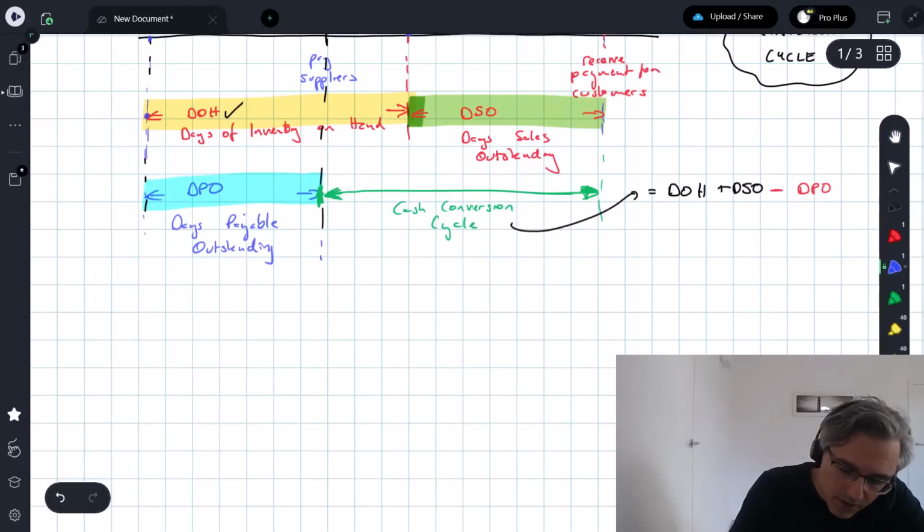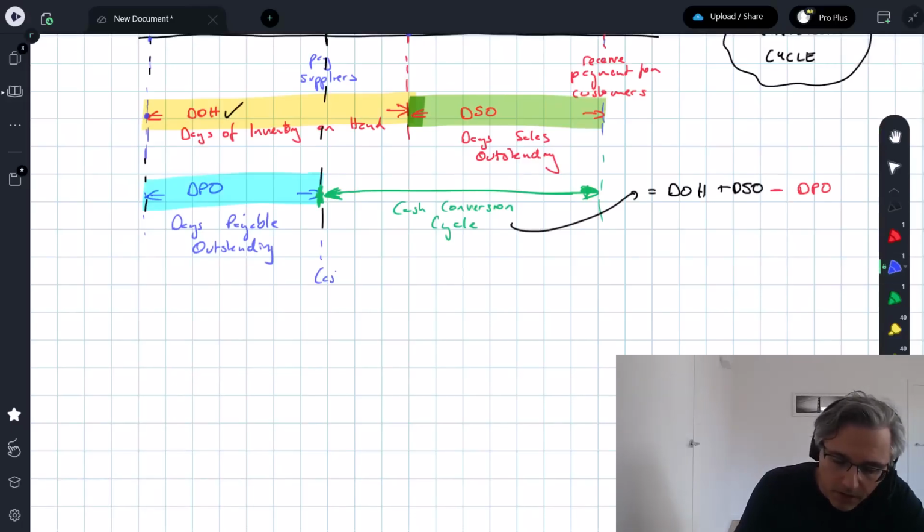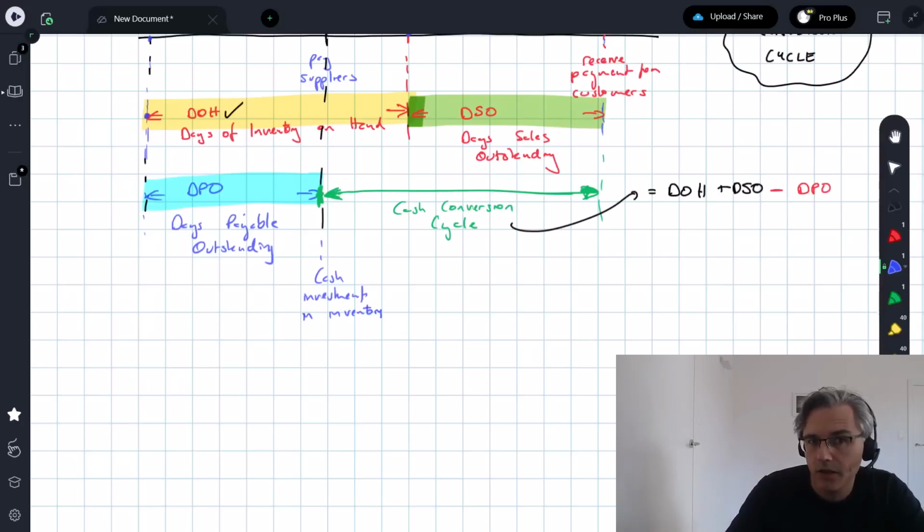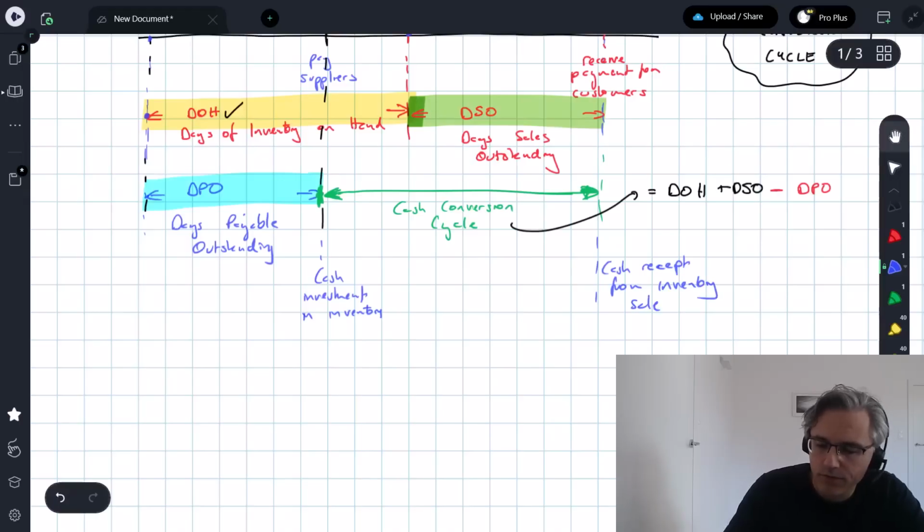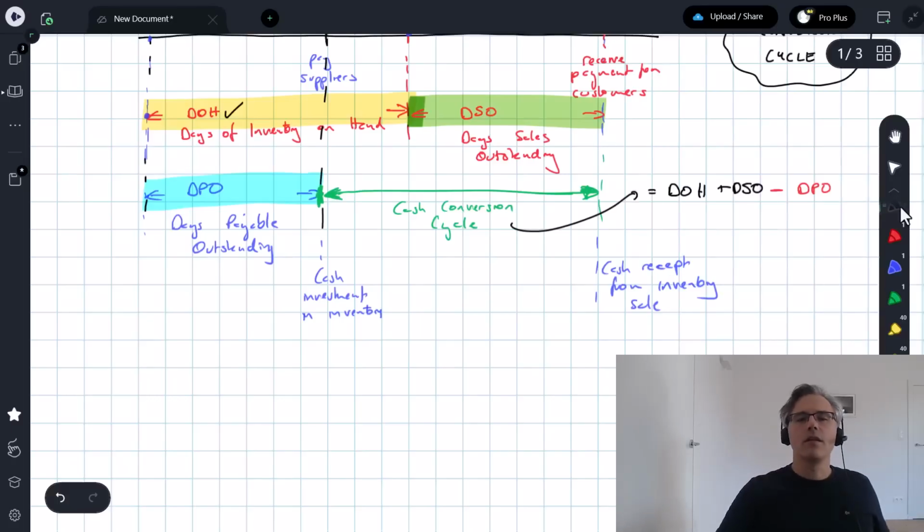So this becomes the length of time between when we make the cash investment in inventory, when we hand the money over to our suppliers, versus when we receive cash from customers from the inventory sale.